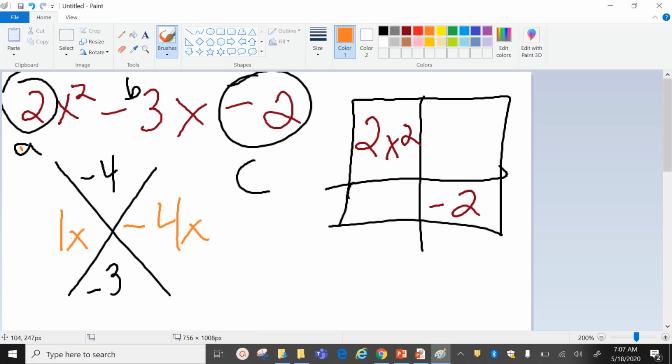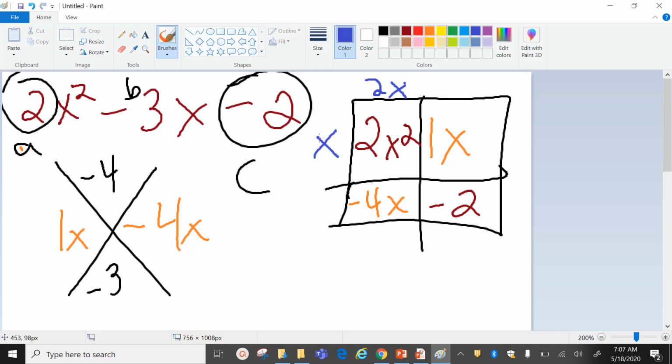If I put 1x over here and negative 4x over here, that's fine. But when it's time to come up with the dimensions, I have to be very intentional. So for example, I can't put 2x over here. Why? Because 2 can't divide 1. I have to put 2x up top here. And then over here I have to put x.